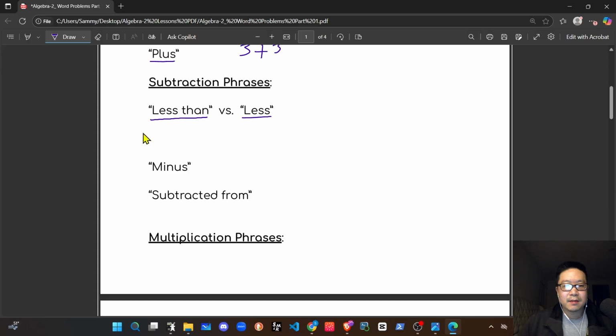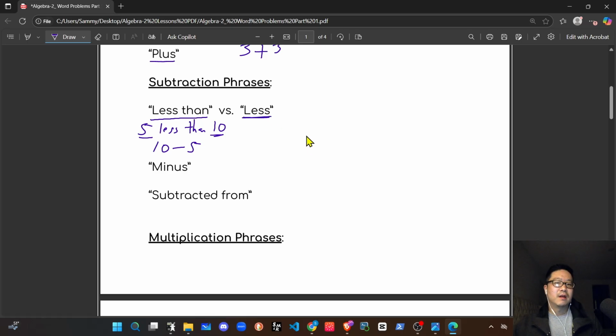So if I said something like 5 less than 10, you have to realize that what this is saying is it's telling me to take 5 from 10. In other words, the 10 comes before the 5 when you're subtracting. This is different from the word less.